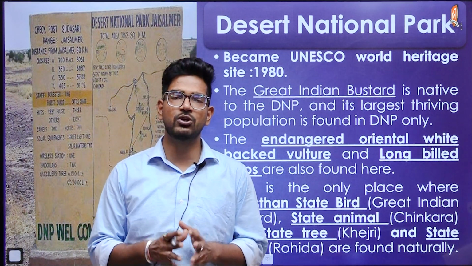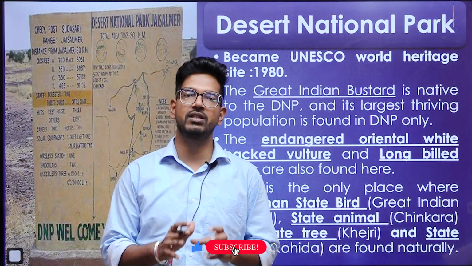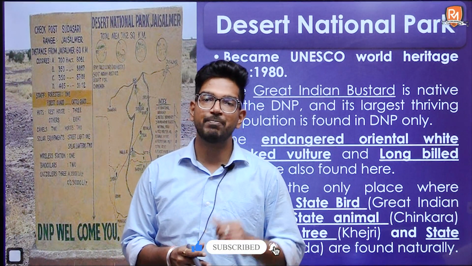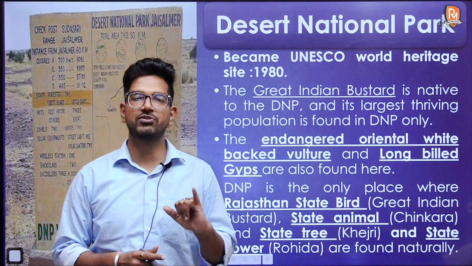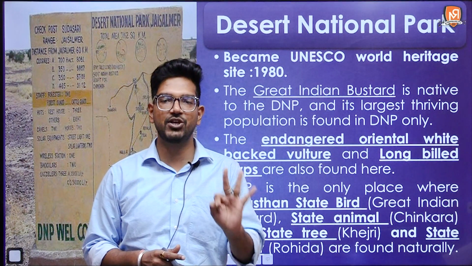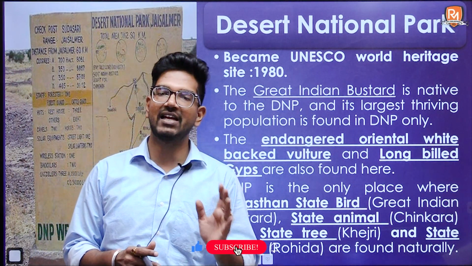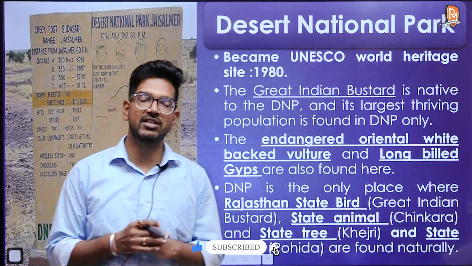It will be amazing to know that all important state symbols of Rajasthan can be found in this Desert National Park: the state bird, Great Indian Bustard; the state animal, Chinkara; the state tree, khejri; and the state flower, rohida.